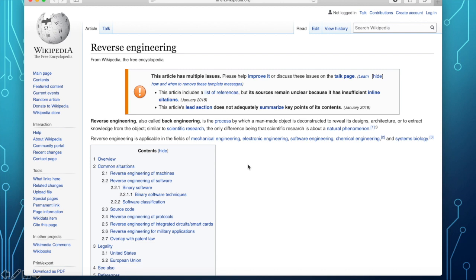So this is a man-made object, a kind of generic term used here, and you want to deconstruct it to reveal its design, architecture, or to extract knowledge from the object.